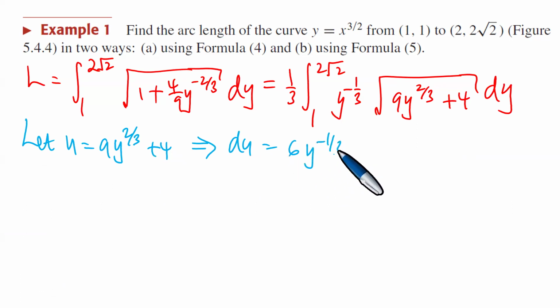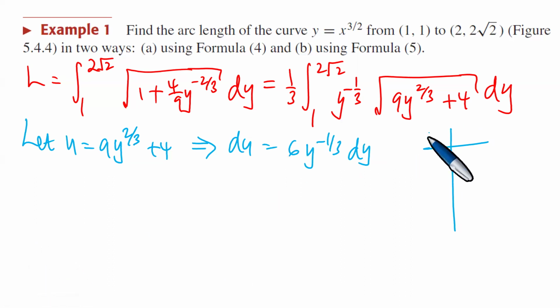Subtract 1, you get minus 1/3. dy. Okay, no. Change of variables.